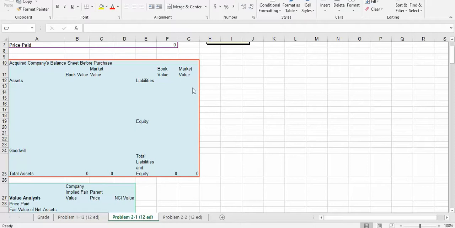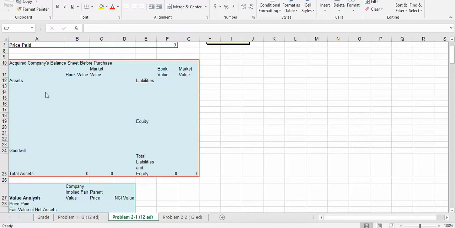Follow the process of consolidation, and think of the check figures as a little extra information that you wouldn't normally have in a real-world situation, to see if you're on the right track. If you don't hit the check figures exactly, that doesn't mean I'm going to take off like you got the whole thing wrong. It just means there's something in the process that you overlooked or are a little off on.